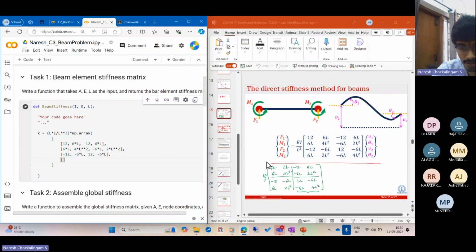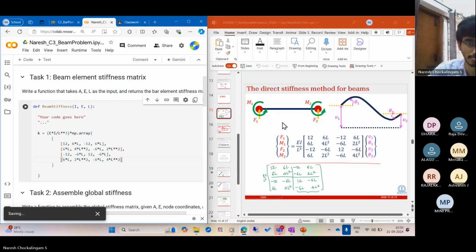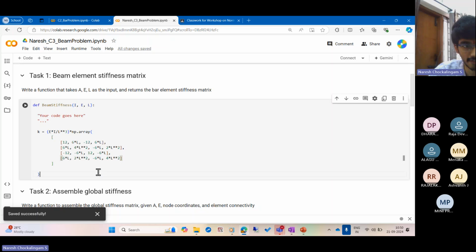Then the last row is 6L, 2L square, minus 6L, 4L square. Okay, so this is the stiffness matrix.